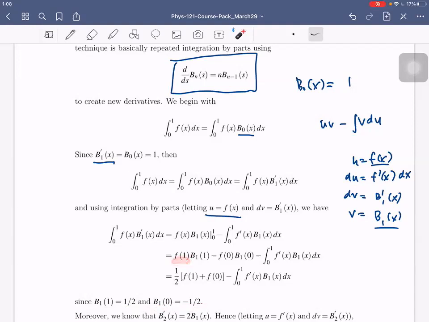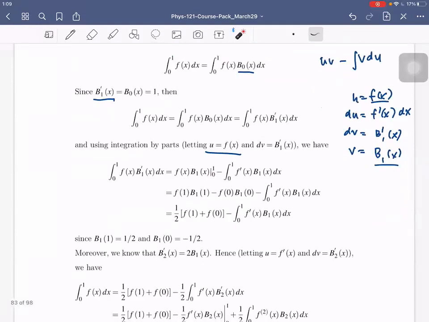So we have f of 1 and f of 0 remaining since we don't know the function. But we can have b sub 1 of 1 and b sub 1 of 0. Since it's 1/2 and negative 1/2, subtracting makes it positive, so we can factor out 1/2. And then we have times f of 1 minus f of 0 minus this integration.